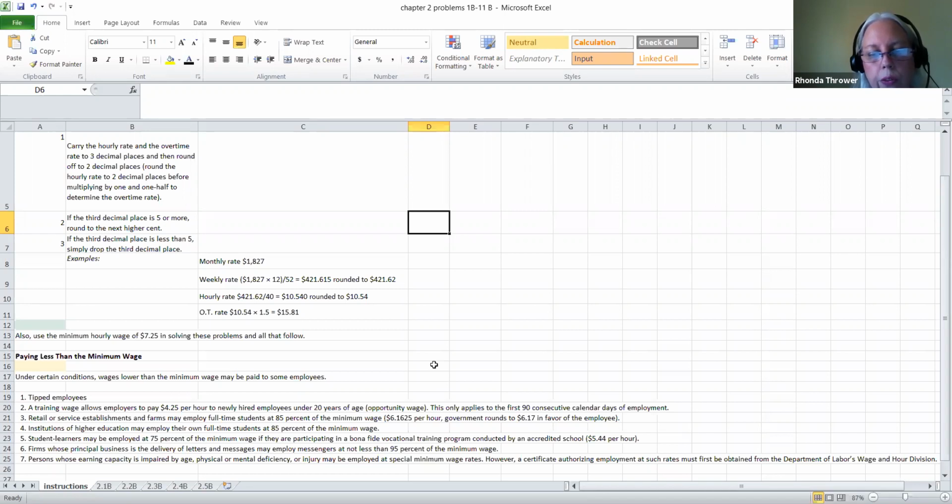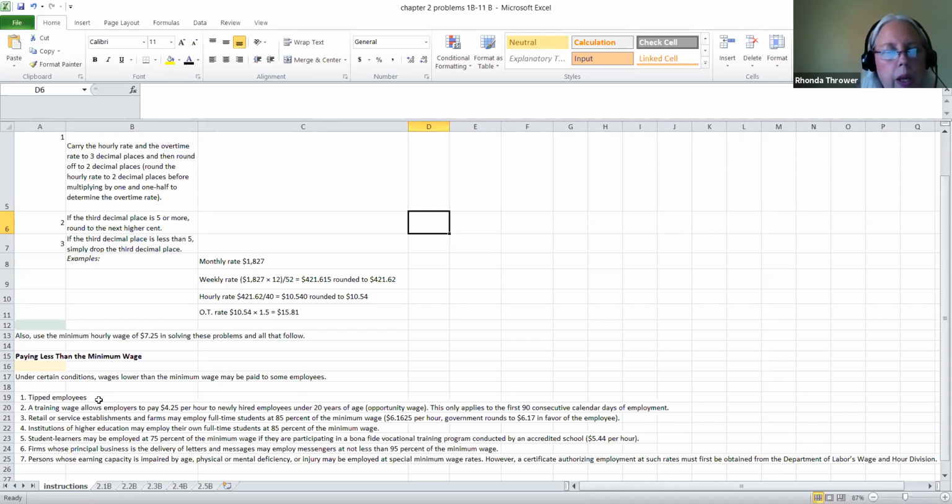But right now we're using 7.25 as the current minimum wage rate. Under certain conditions, companies can pay less than the minimum wage rate to some employees. If you are employing tipped employees, you can pay them less than the minimum wage rate, and we're going to talk about that today when we do a problem with a tipped employee.